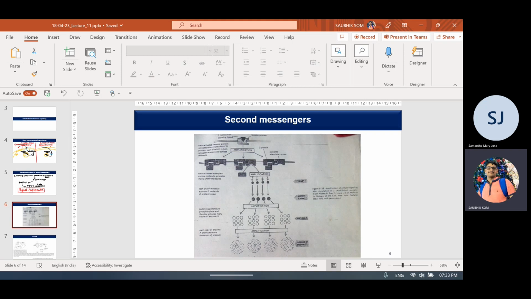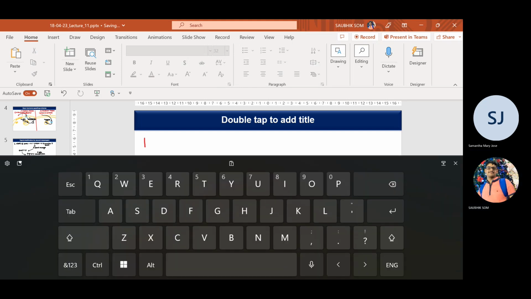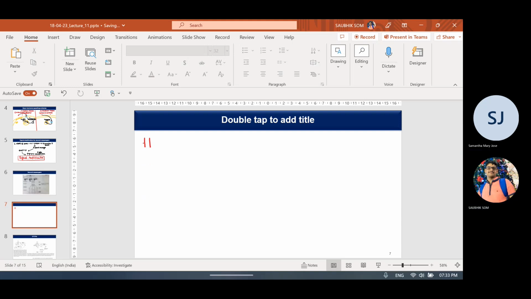So now we'll go to the basic scheme. Again, the basic scheme of a hormone signal will always be: we always have a hormone. That hormone will bind to a receptor. The receptor will bind to some second messengers.